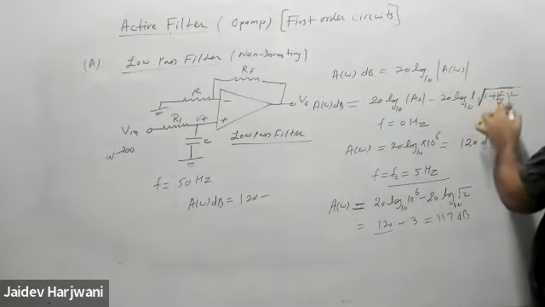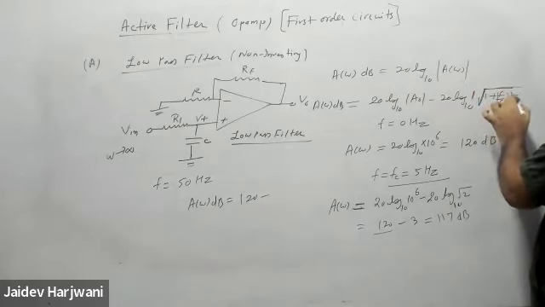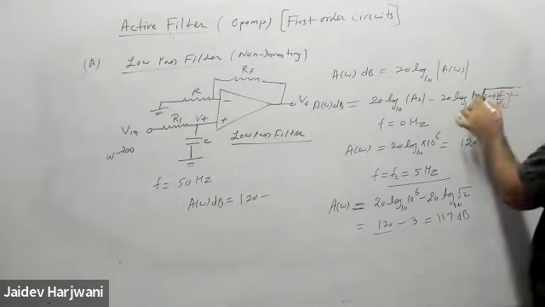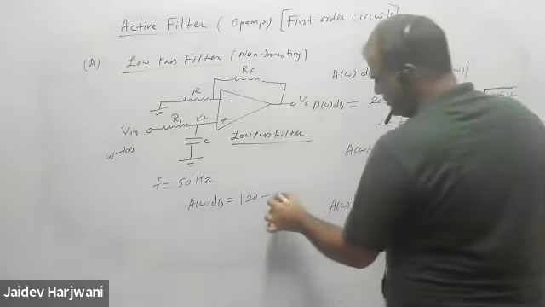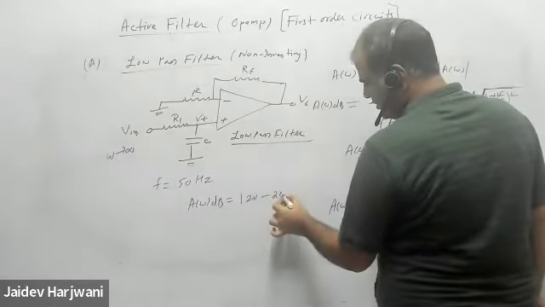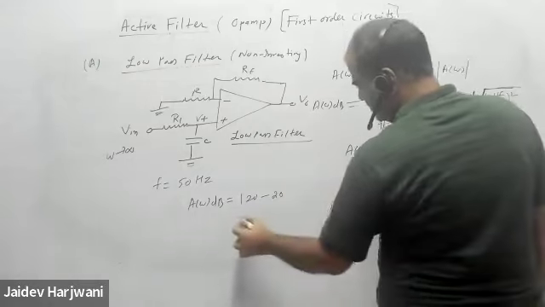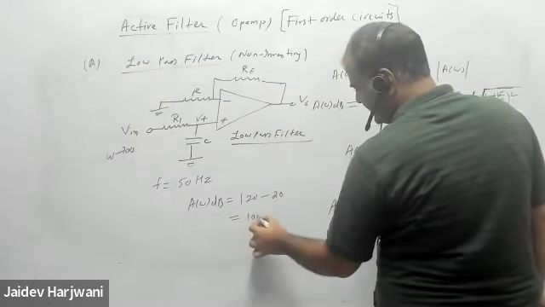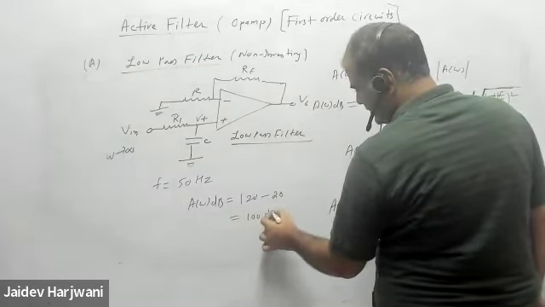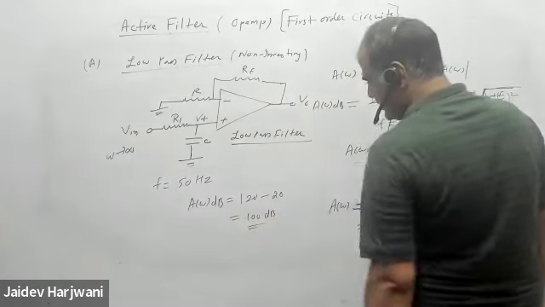This is 10 fc upon fc, 10 into 10, 100. 1 we can neglect, so 100 means 20 log 10 of 10, which is 20. So my gain will become 100 dB.